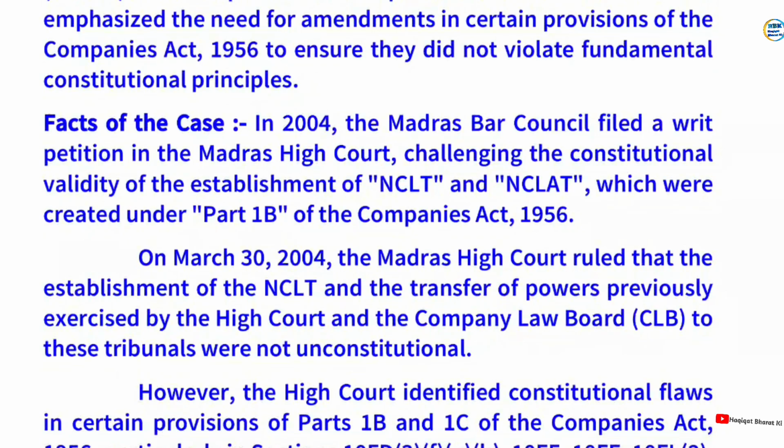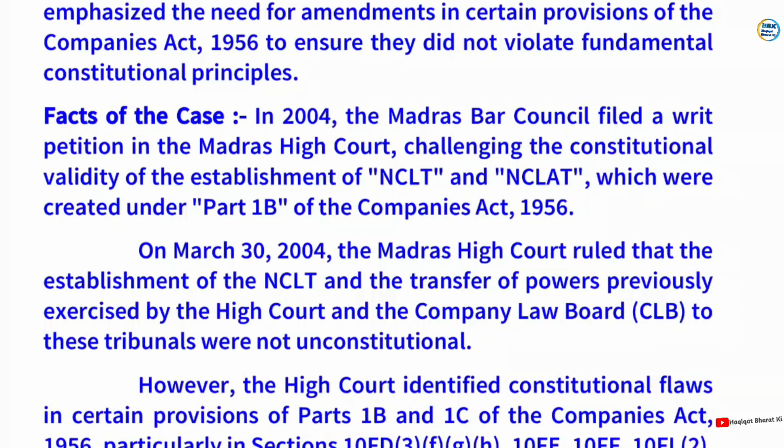Facts of the case: in 2004, the Madras Bar Council filed a writ petition in the Madras High Court challenging the constitutional validity of the establishment of NCLT and NCLAT, which were created under Part 1B of the Company Act 1956.